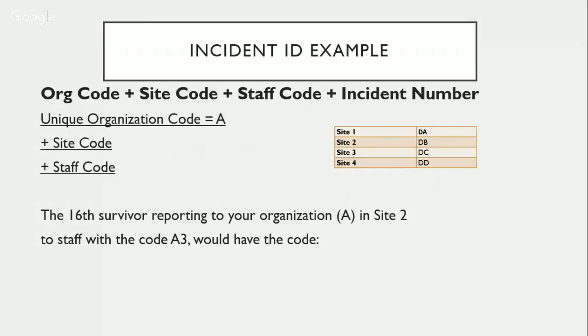And you've also determined your staff codes. Let's say we're going with the alphanumeric A1, A2, A3 example. So the 16th survivor reporting to your organization in Site 2 to the staff member A3 would have the code. Why don't you try first?